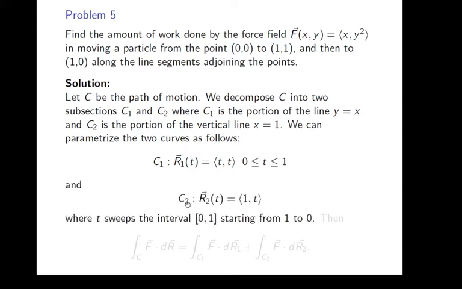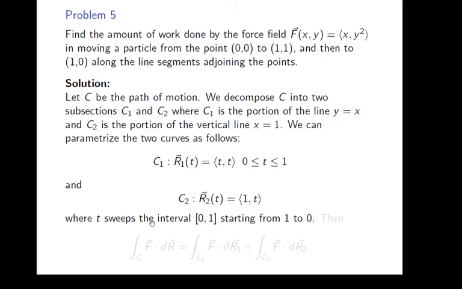On the other hand, C2 is the portion of the vertical line x equals 1 from the point (1, 1) to (1, 0). So this can be represented by the vector (1, t). Note that here, t sweeps the interval from 0 to 1.